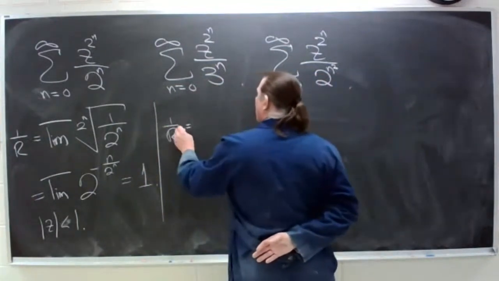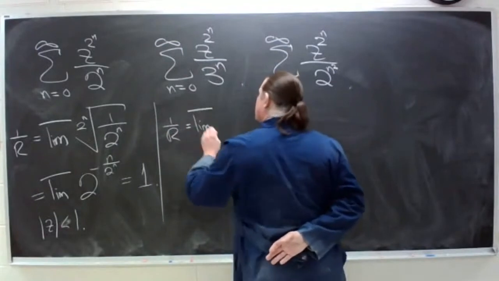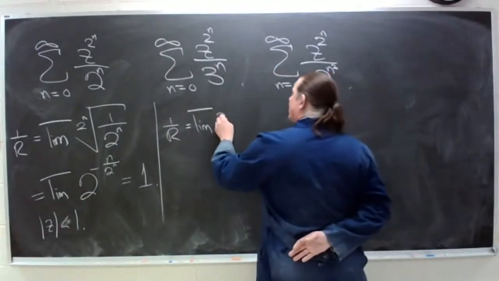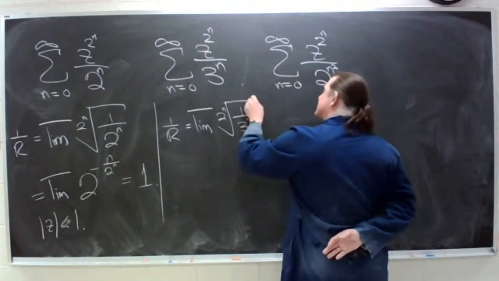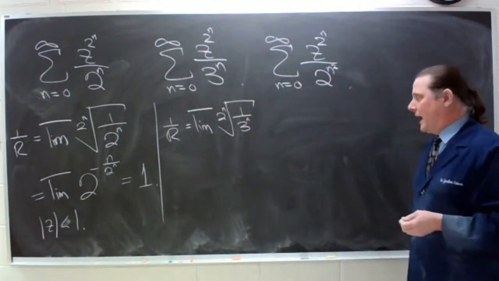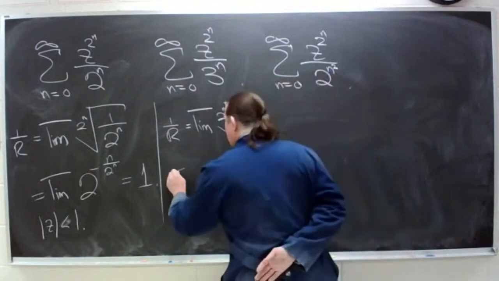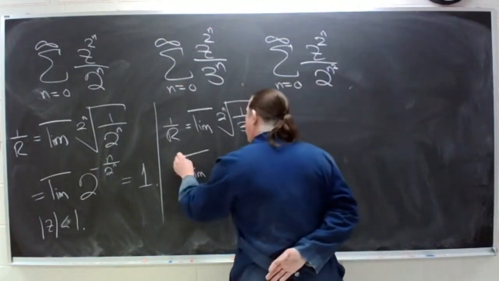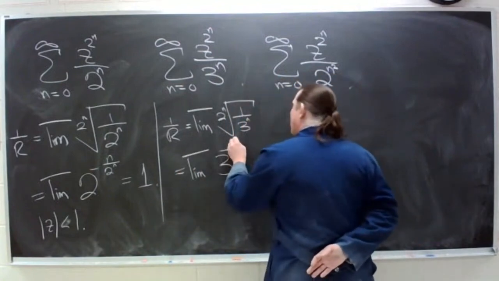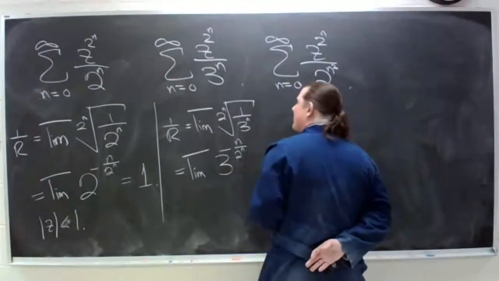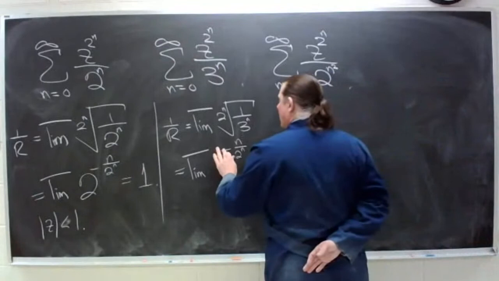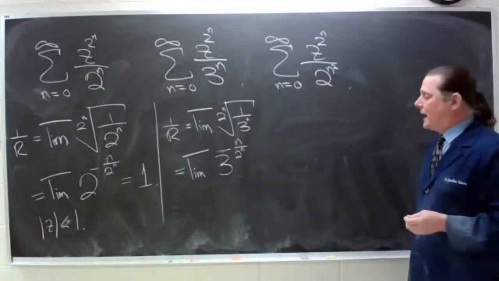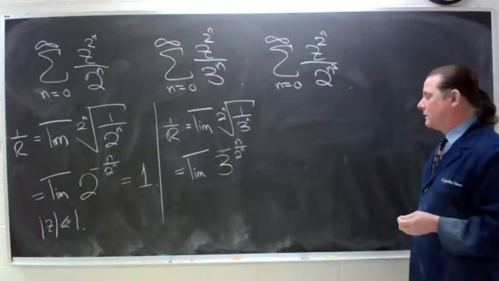1 over r. Lim sup, it's the 2 to the nth root of 1 over 3 to the n. So I've got the limit superior of 3 to the minus n over 2 to the n.